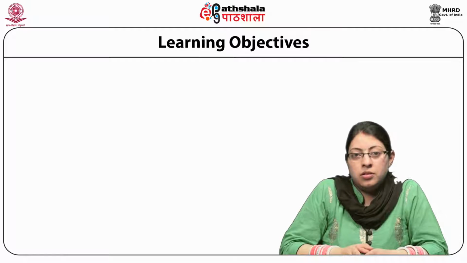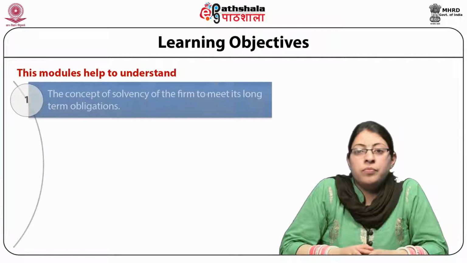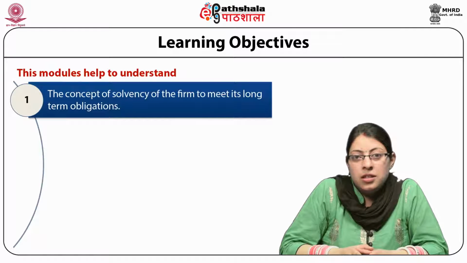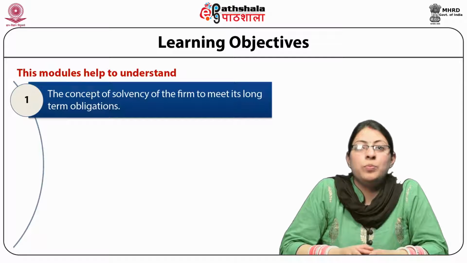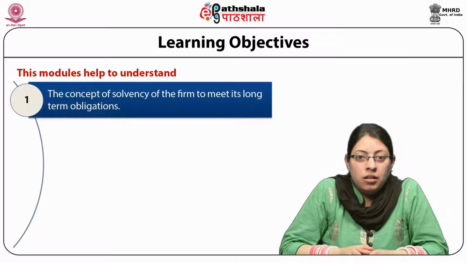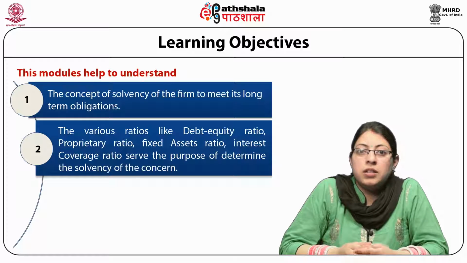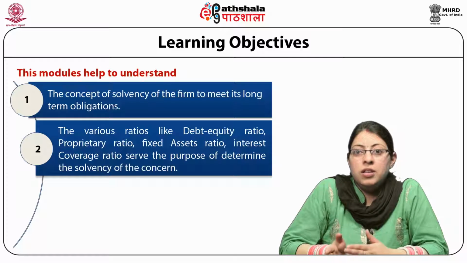Learning objectives. This module helps to understand the concept of solvency of the firm to meet its long-term obligations. Second, the various ratios like debt-equity ratio, proprietary ratio, fixed asset ratio, interest coverage ratio serve the purpose of determining the solvency of the concern.